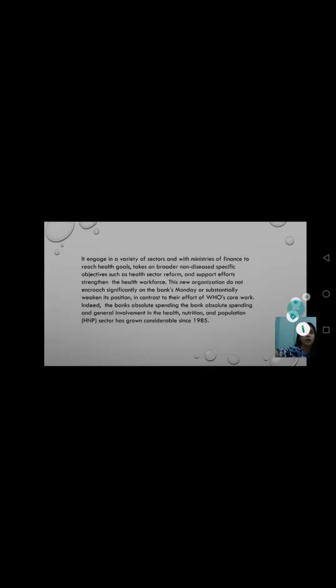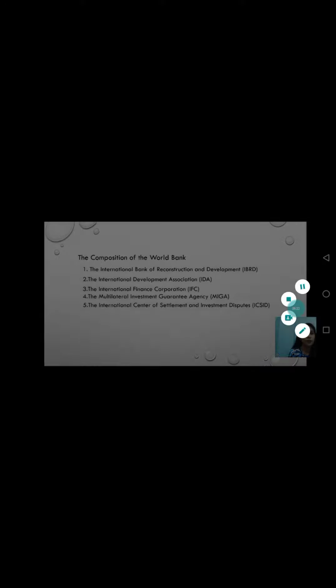This new organization does not encroach significantly on the bank's money or substantially weaken its position. Indeed, the World Bank's absolute spending and general involvement in the health, nutrition, and population (HNP) sector has grown considerably since 1985.